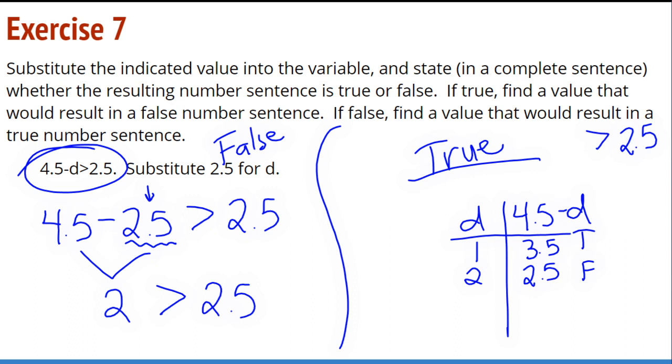So taking a look at the pattern here, I was okay with 1, I was not okay with 2. If I put in 0, 4 and 5/10 minus 0 is 4 and 5/10, and now I'm true. So let's put in a 3 here, which would leave me with 1 and 5/10, which would be false. So I'm noticing if I have numbers 2 or 3, it's false. If I've got 1 and 0, then it's true. So I can start to see some patterns here to maybe use later.